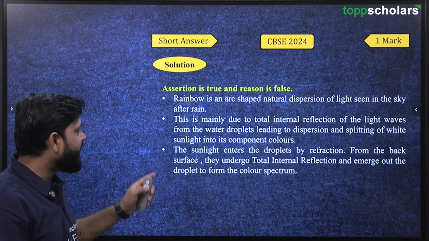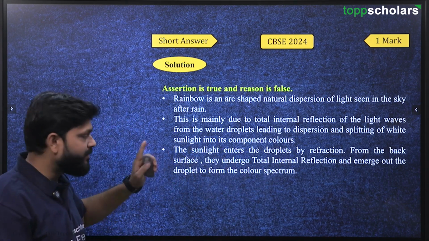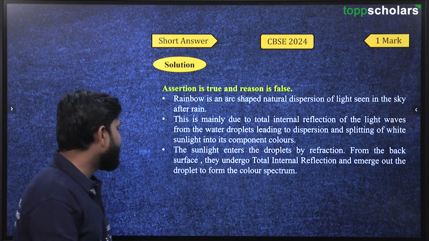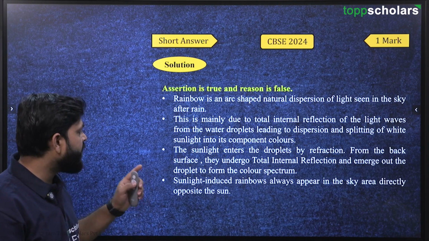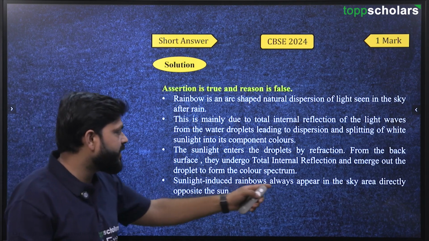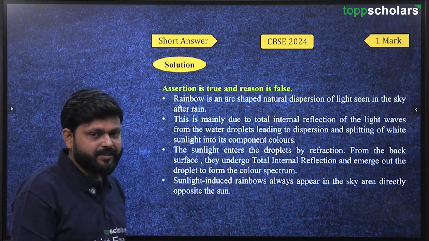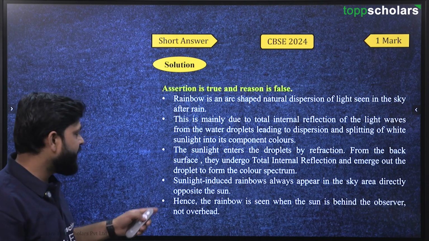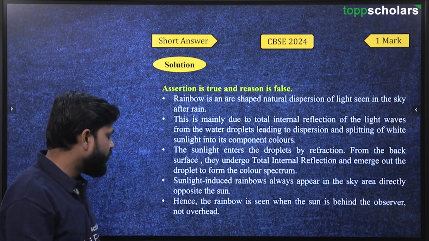The sunlight enters the droplets by refraction, undergoes total internal reflection from the back surface and emerges out of the droplets to form the colored spectrum, right? Sunlight induced rainbow always appears in the sky directly opposite the sun, as I told you in the starting. So hence, the rainbow is seen when the sun is behind the observer, not overhead.